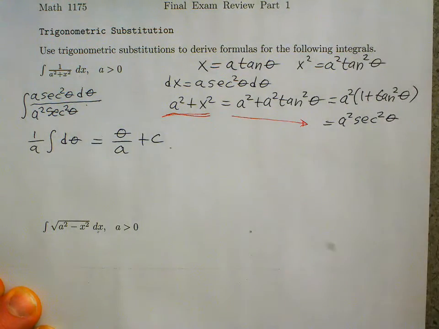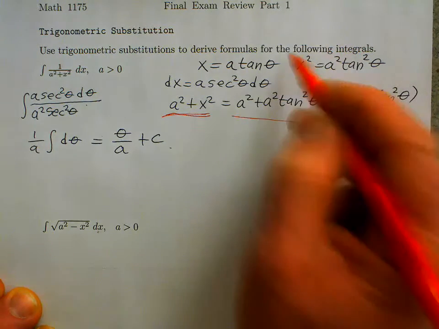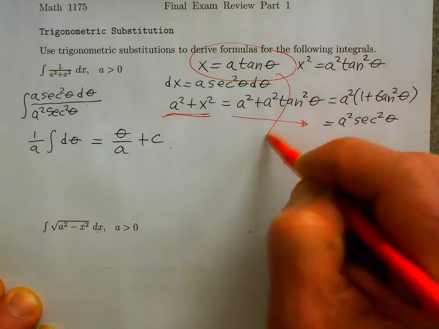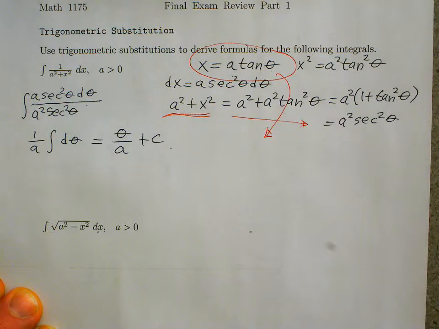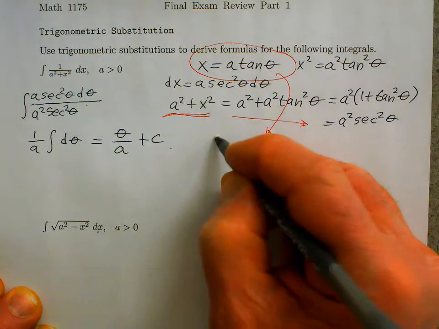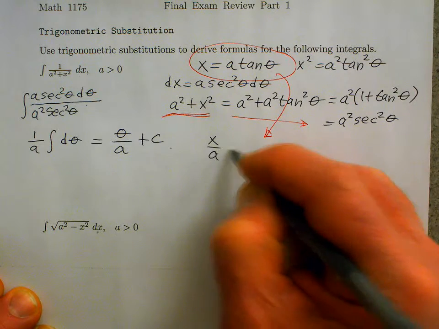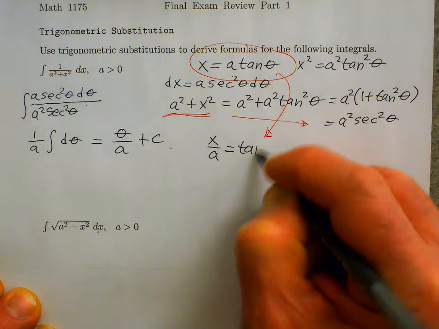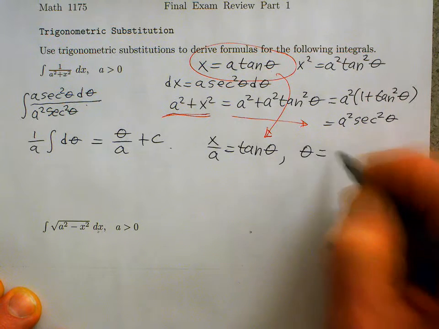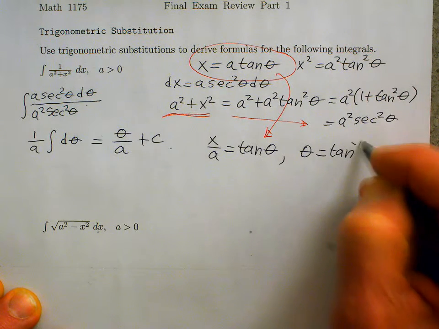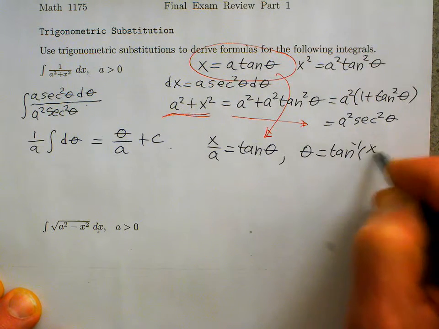Okay, and what is theta? Arctangent of x over a. Yeah, since we defined x to be a times tangent of theta, that means x over a equals tangent of theta. And so theta is the inverse tangent of x over a.